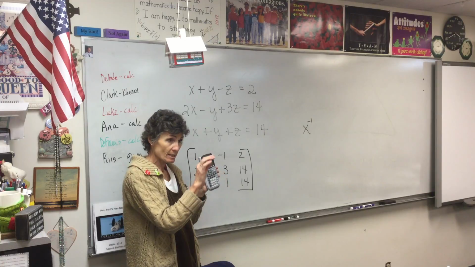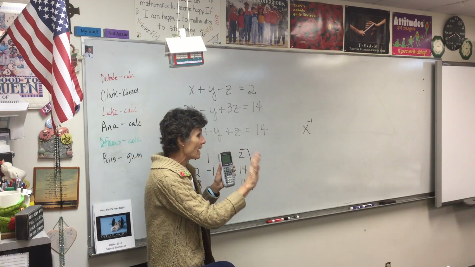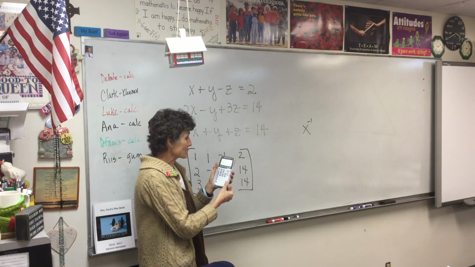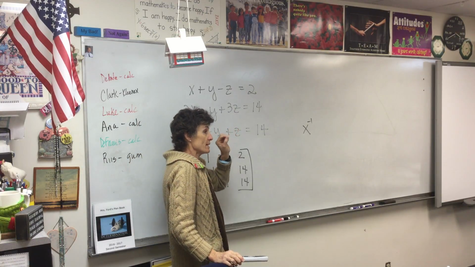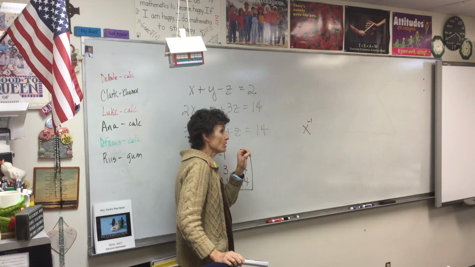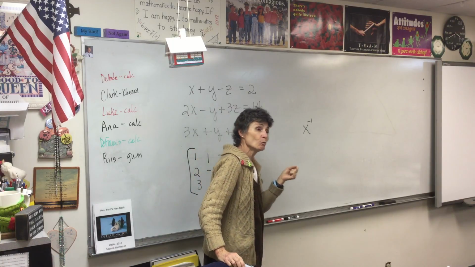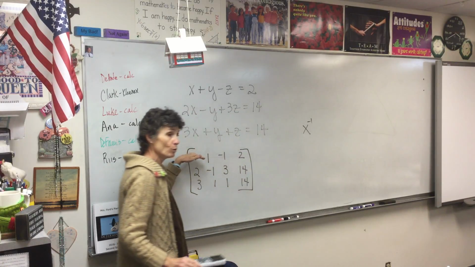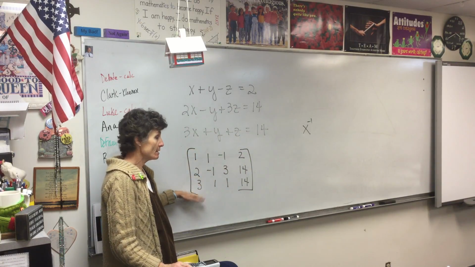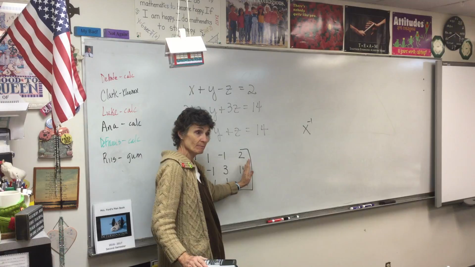So do you see across the top? We're clicking over, so we're in edit. And then just press enter. Now, the calculator is asking you, how big do you want matrix A to be? Well, how many rows does this have? 3. How many columns does it have? 4.